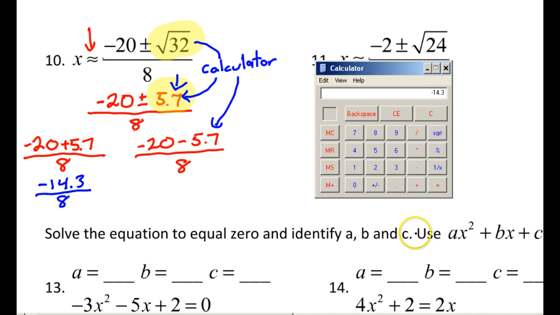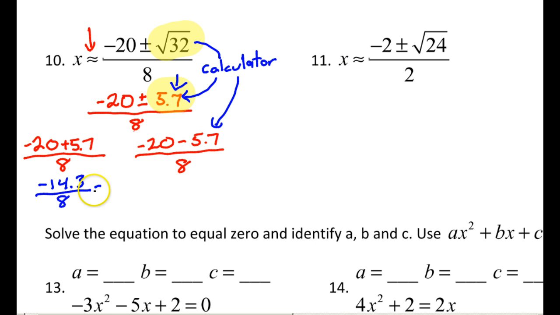And divide that by 8. So it's negative 1.7875. I'm going to round to the nearest tenth, negative 1.8. And there's one of your answers, negative 1.8.